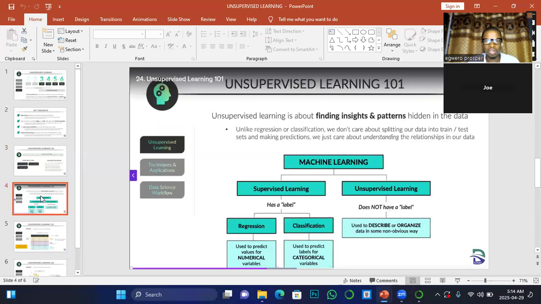So here, this is a more explanatory diagram that is highlighting the concept around supervised learning and the concept around unsupervised learning. If you look at the diagram under supervised learning, there is a keyword that is used there, which is a label.